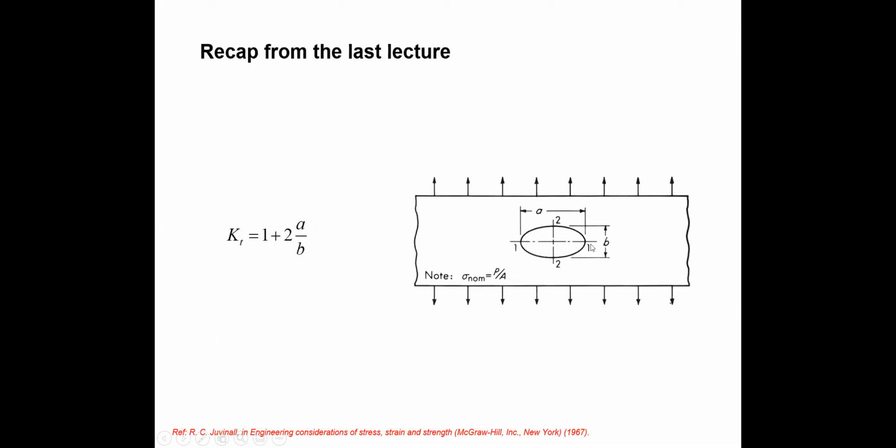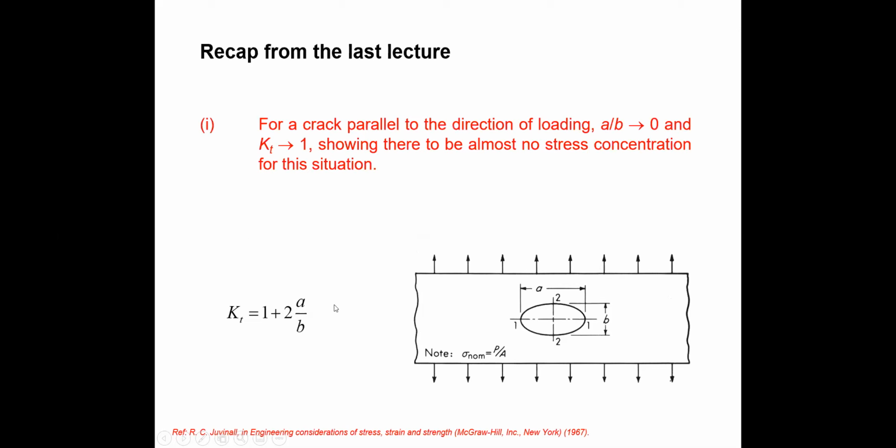If we change the a, b dimensions, it will change the geometry of that stress raiser. This is the equation for Kt, the stress concentration factor. If a and b are equal, the Kt value will be 3. We already derived that equation, and this is how it varies according to geometry.